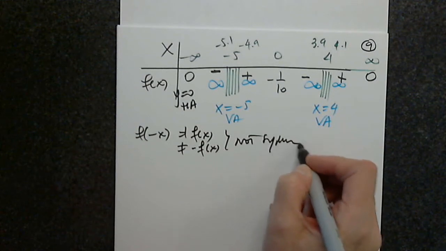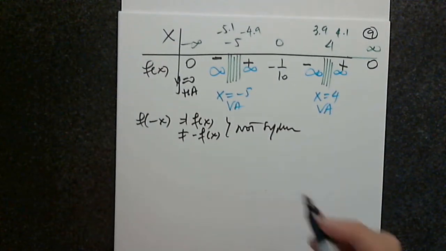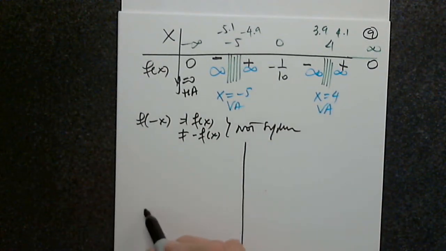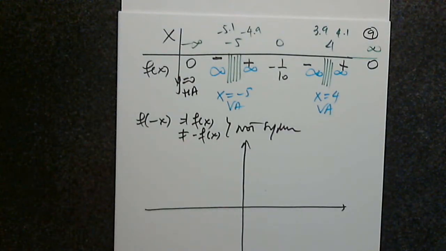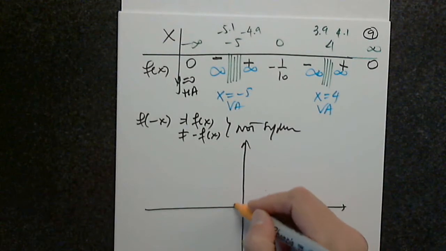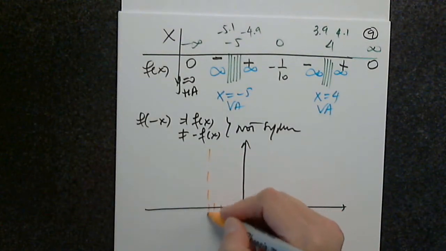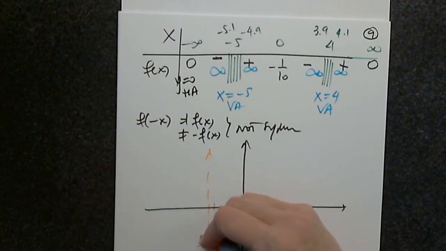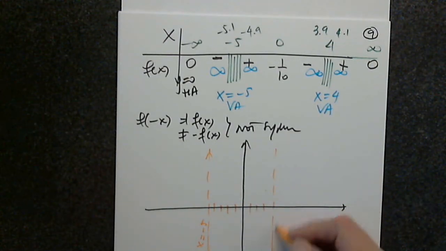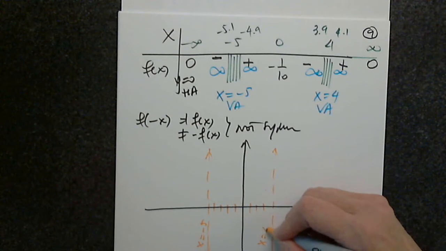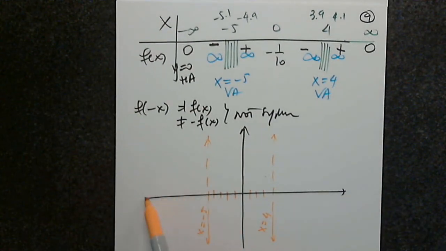Not symmetric. That's all we need. Vertical asymptotes first. So x equals -5, and x equals 4. There is no need to draw this, because it's already there, but just write y equals 0.